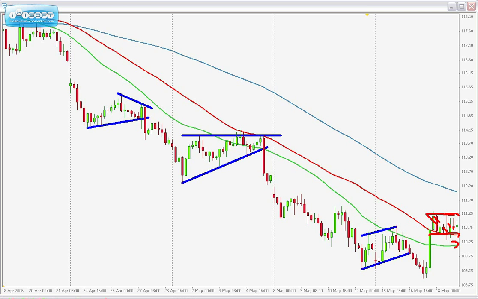The 30 simple moving average is already flat, and I personally would be very cautious to enter at this time of the chart. I don't know what happened afterwards, but I don't need to see in hindsight what price actually did after this. I already have my warning signals in here.